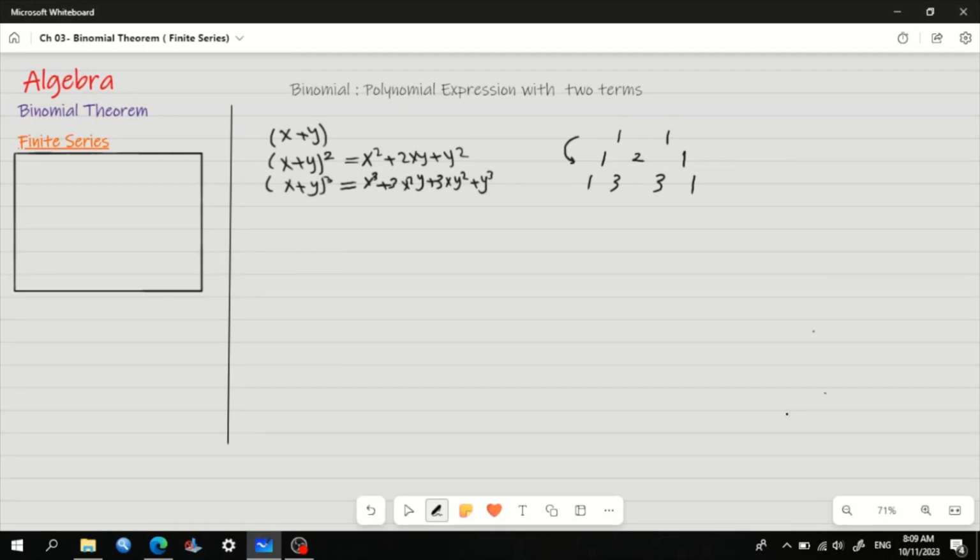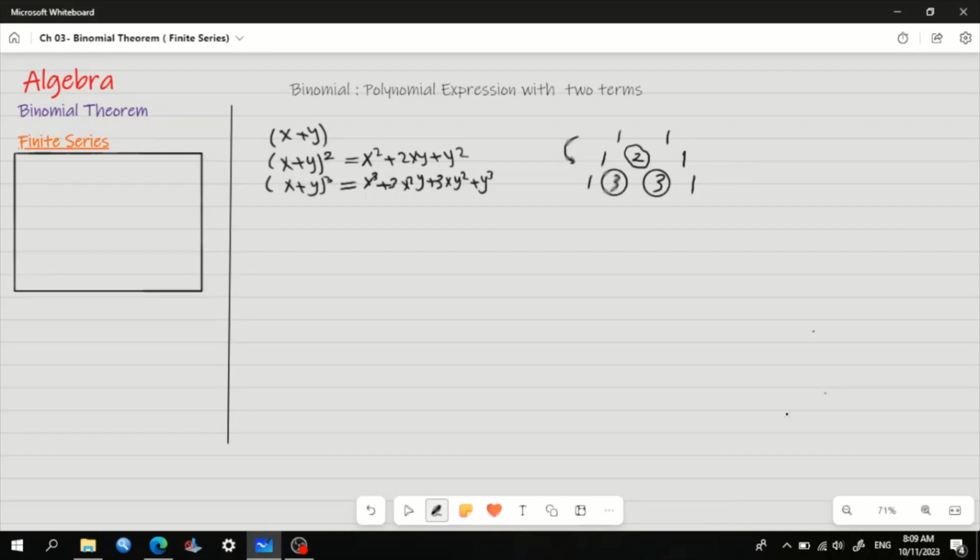Okay, if I look here, 2 is in between 1 and 1. And here 3 is in between 1 and 2. Here 3 is in between 2 and 1. So the number in between two numbers in the previous row is equal to the sum of these two numbers.